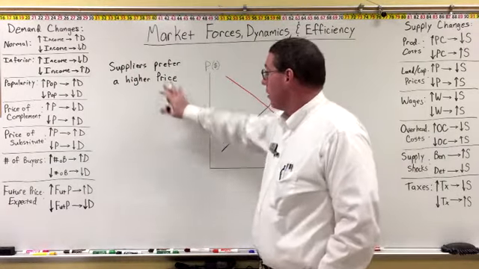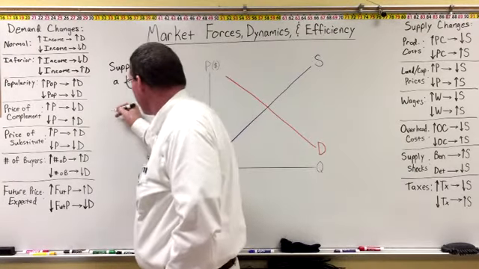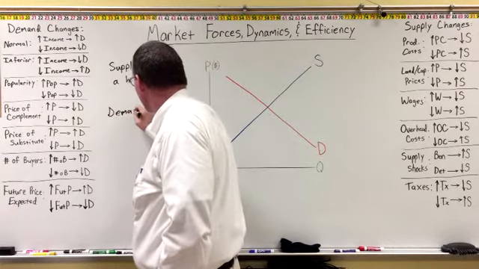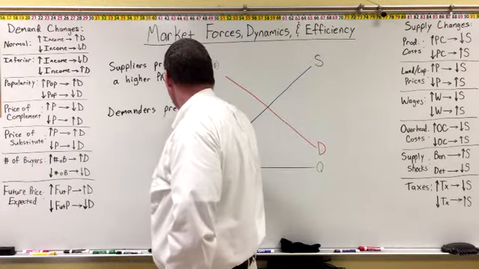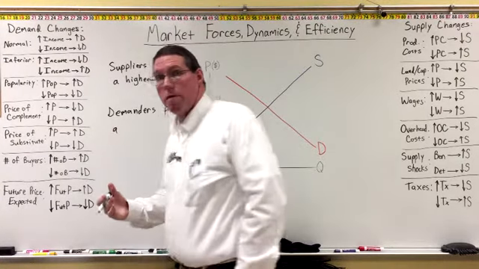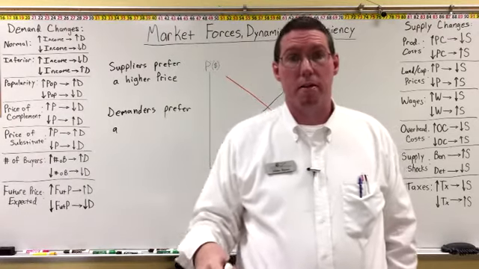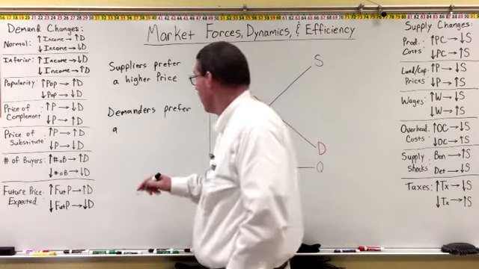They would like the price to be as high as possible. But demanders, unfortunately for suppliers, always prefer a lower price because they're the ones giving up money. They'd rather give up less money for something they're getting than give up more money for it.